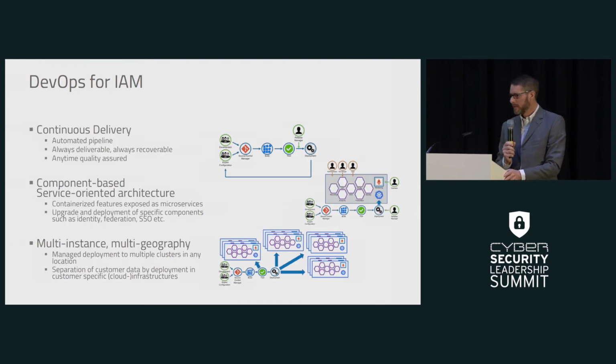So bringing this all together, it means that there is a pipeline for continuous delivery, a component-based and service-oriented architecture that allows scalability and flexibility. And because of this, we can deploy this to many instances, many clusters, many geographic locations, all with exactly the same configuration.